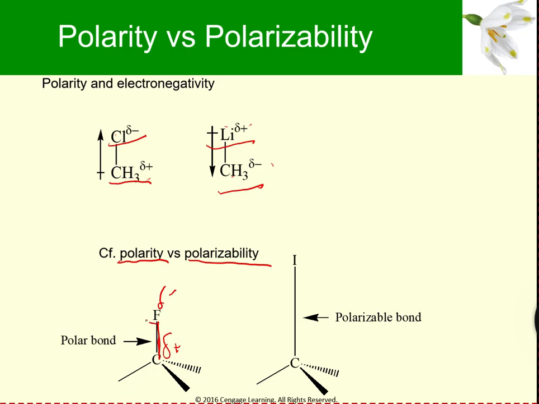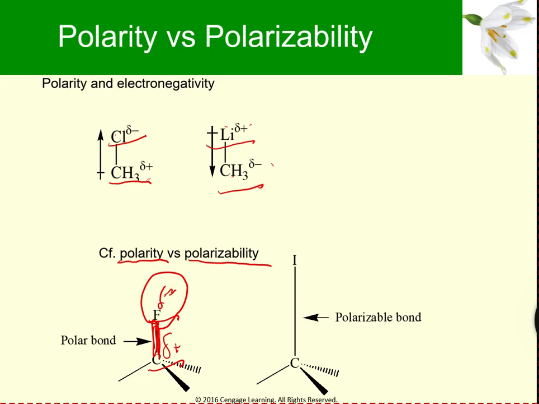And we know that the electronegativity of fluorine is very high. Therefore, this bond will be a very polar bond because there is a big difference in electronegativity between fluorine and carbon. So the size of the charge will be very large, and this will be a very highly polar bond.